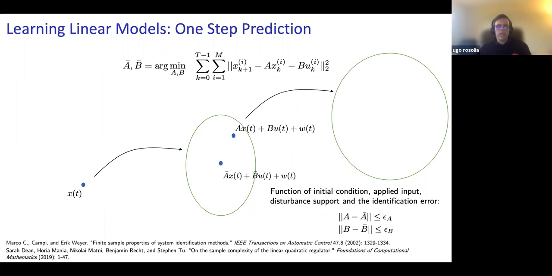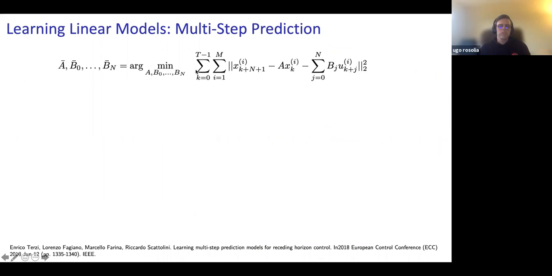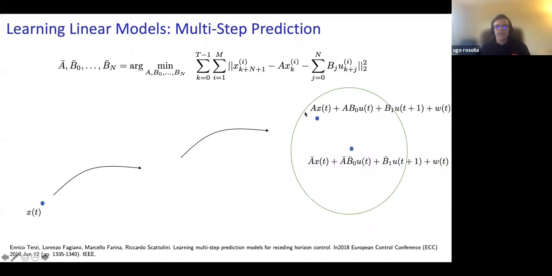So another way of tackling this problem is to learn linear models for multi-step prediction, right? So what we can do is directly learn a linear model that maps our current state to a state which is 2 steps ahead. So basically, those methods are learning directly those matrices that you built in your homework 1 for the batch approach.